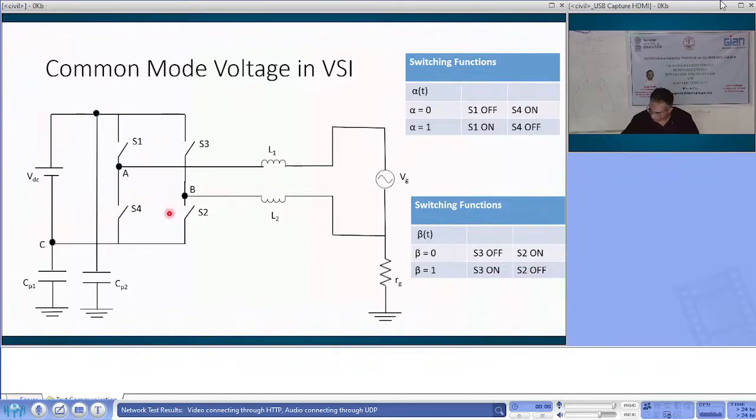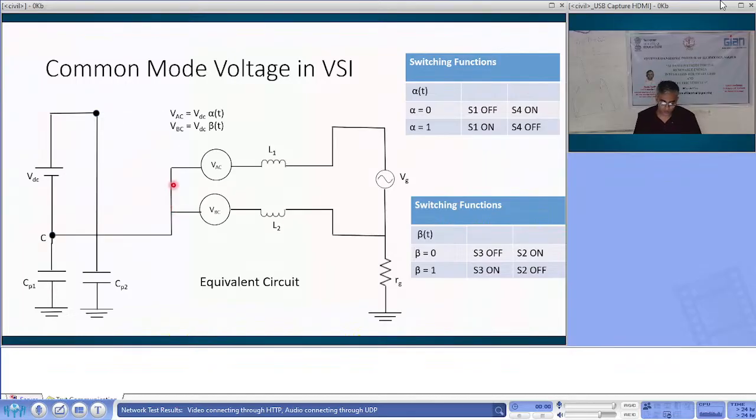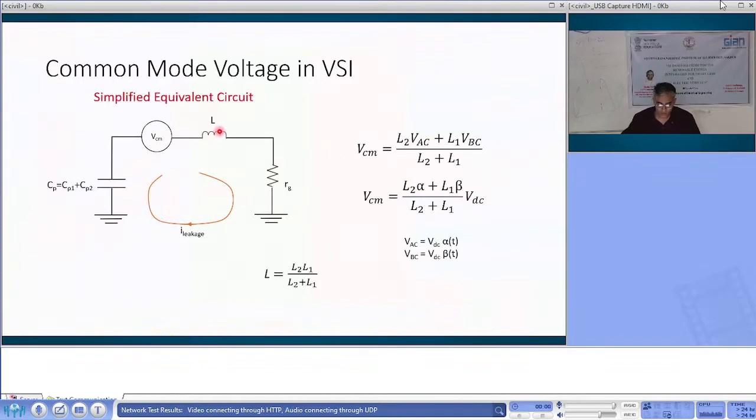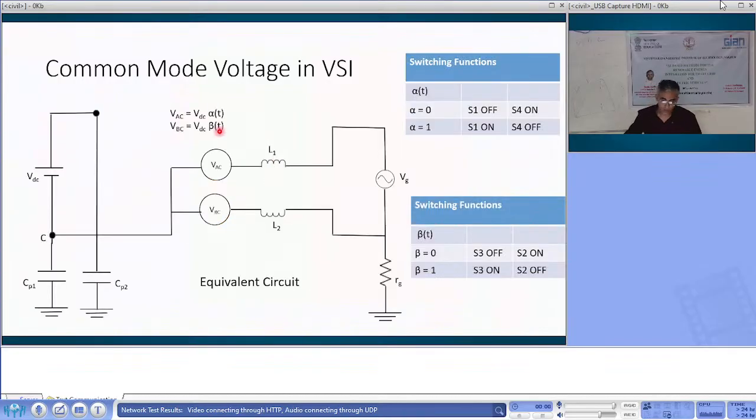The two functions VAC and VBC reduce to VDC alpha and VDC beta. I have written the simplification directly, but you can apply the simple superposition theorem.